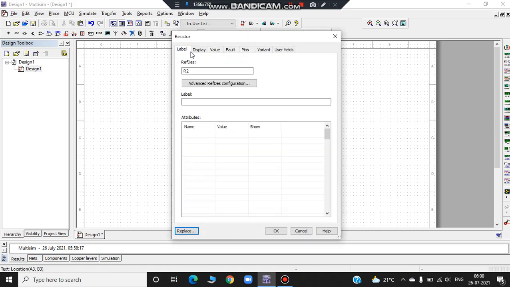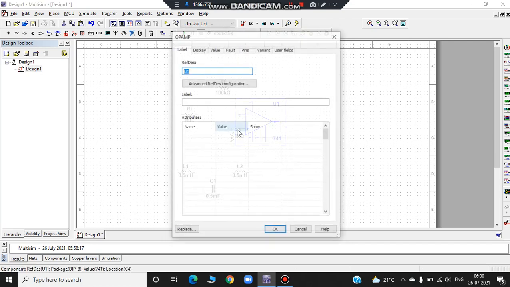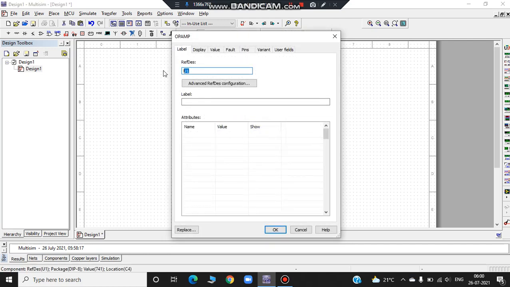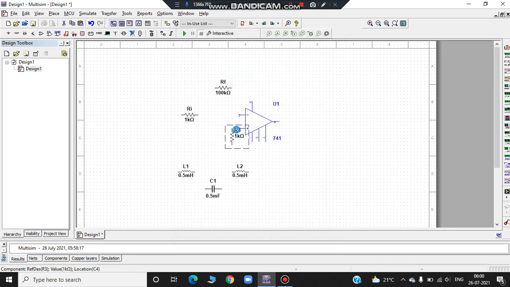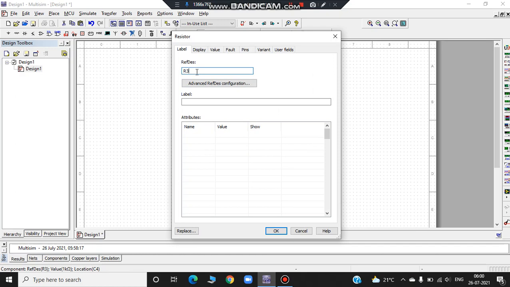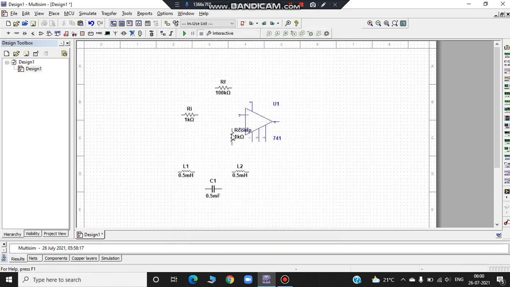Let's name this as RF, that is feedback resistance. We'll name this as Ri, that is input resistance, and we'll name this as R comp, that is compensation resistor. Now we'll make the connection.